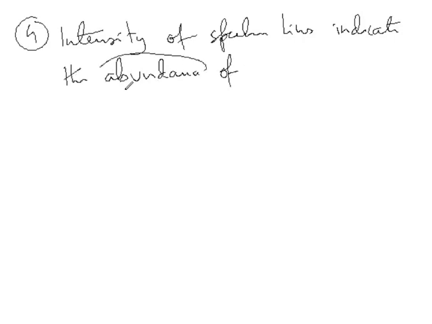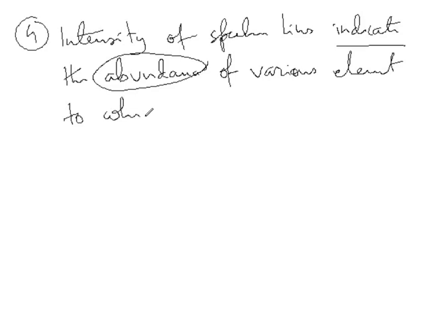Now this is new, abundance. What I want to say is how much of an element is there. So they indicate the abundance of the various elements to which the lines belong.